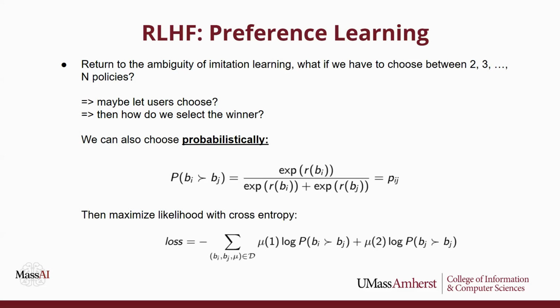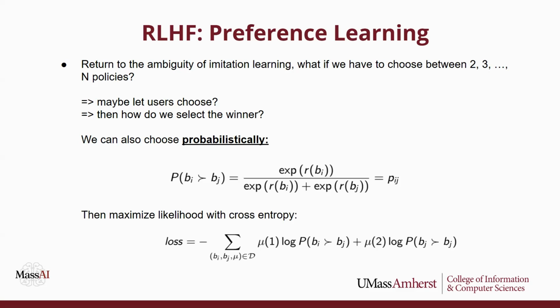But one of the more interesting things that we can do with this formula is that we can model it in terms of cross entropy. So this goes way back to the very first chapters that we had on supervised learning.